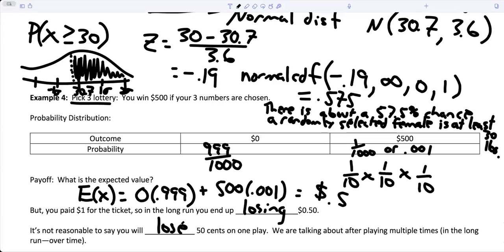For example, if you play 1,000 times, how many times are you expected to win? Once. So you just made $500, right? No, sorry, you lost $500, because what did you pay to play? You just paid $1,000 to win $500.